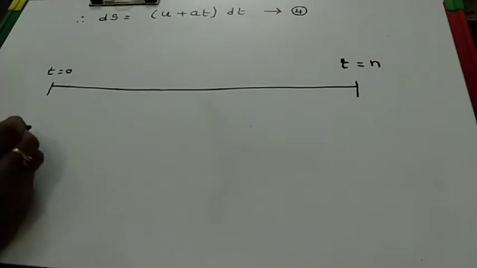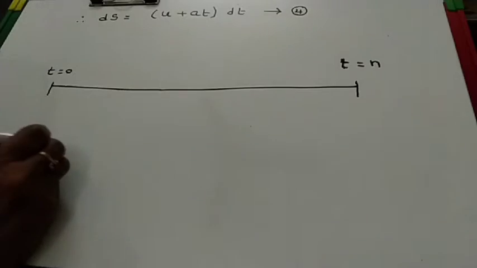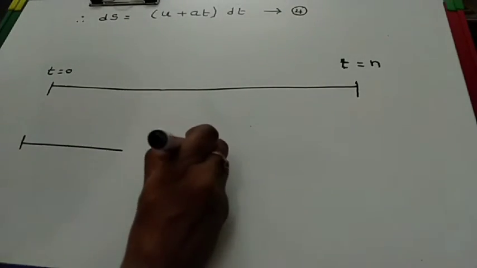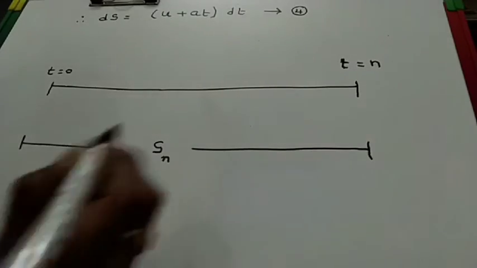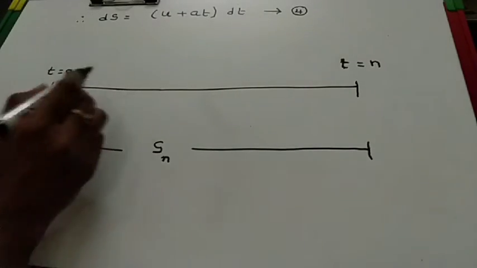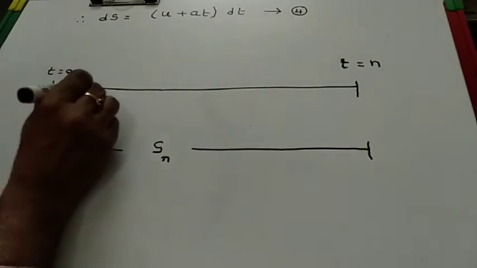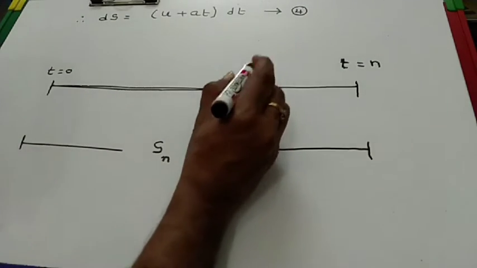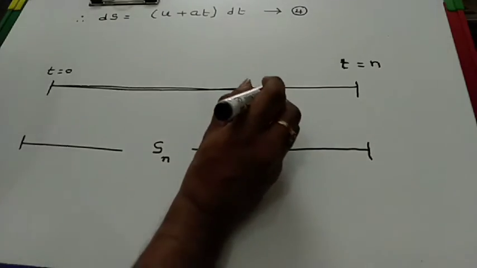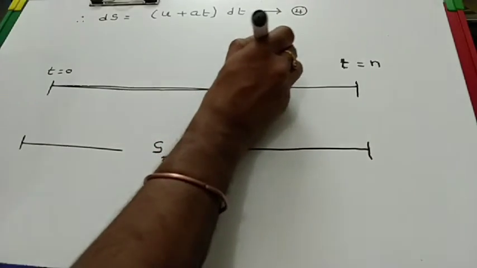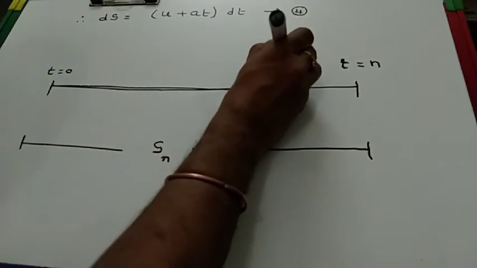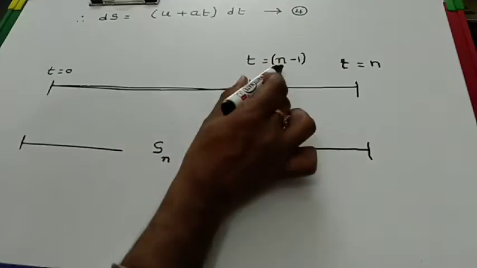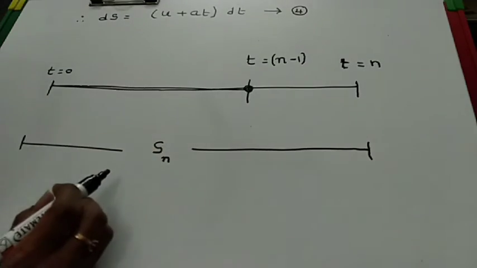Therefore, the total distance covered by the object is Sn in n seconds during its journey. Now the object is at this position. Consider here t is equal to n minus 1 second.